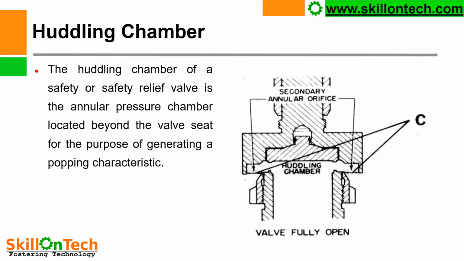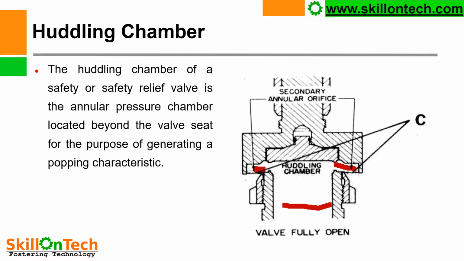So here you can see this is an orifice of a safety valve and this is the primary area, and this space which is shown here is a secondary annular orifice space which is called the huddling chamber. So due to this huddling chamber we get a popping action in the safety valve when it reaches set pressure.